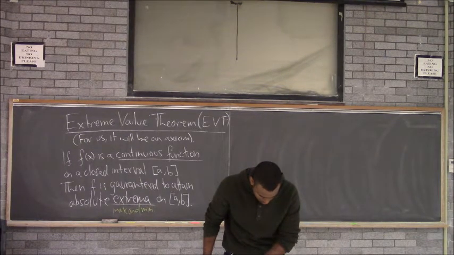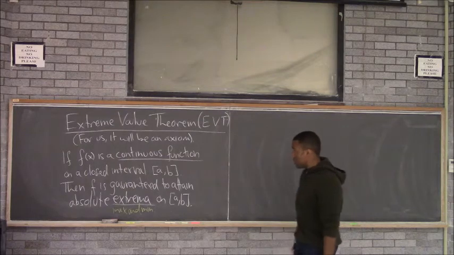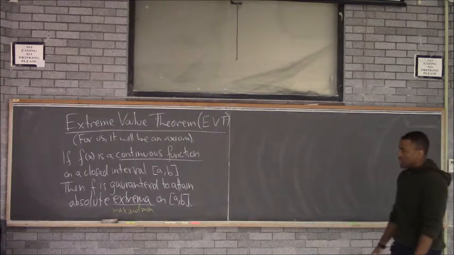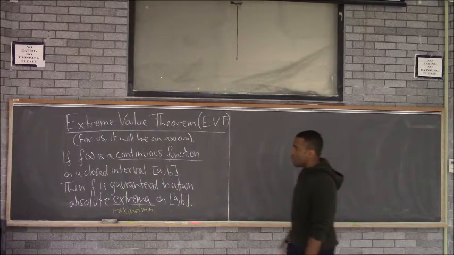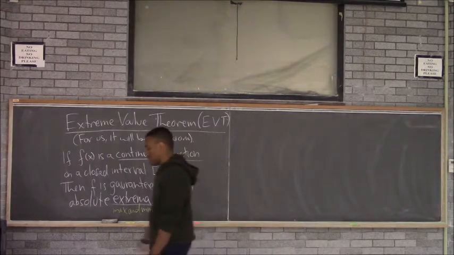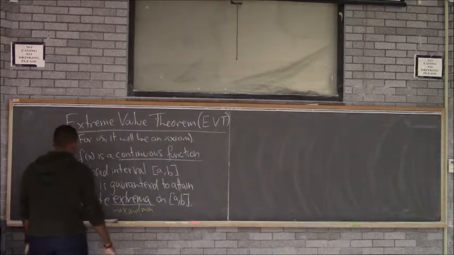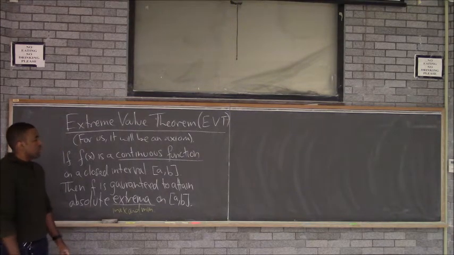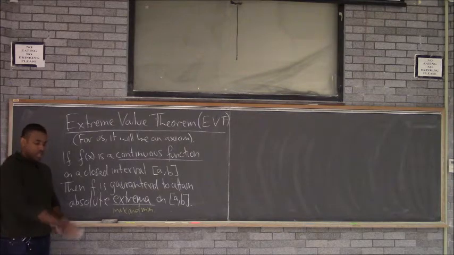Let's talk about another thing that is also super important. We want to start to segue into how we actually locate these points. It's one thing to know that something is going to have a max or a min, whether absolute or local. It's another thing to actually find the location of that point.